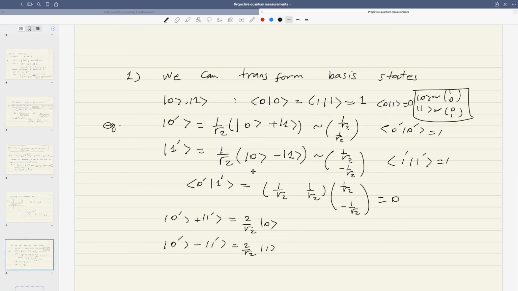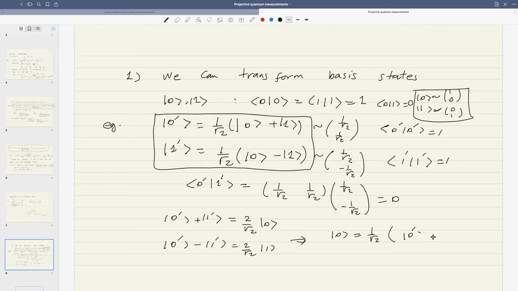Now the zeros cancel out, the ones add up. So in the same way that these are linear combinations of 0 and 1, 0 and 1 are going to be linear combinations of 0 prime and 1 prime. So that means 0 is 1 over square root 2 times (0 prime plus 1 prime), and 1 is 1 over square root 2 times (0 prime minus 1 prime).